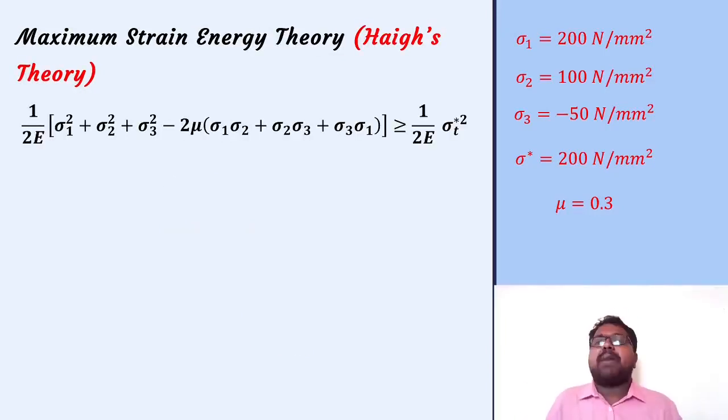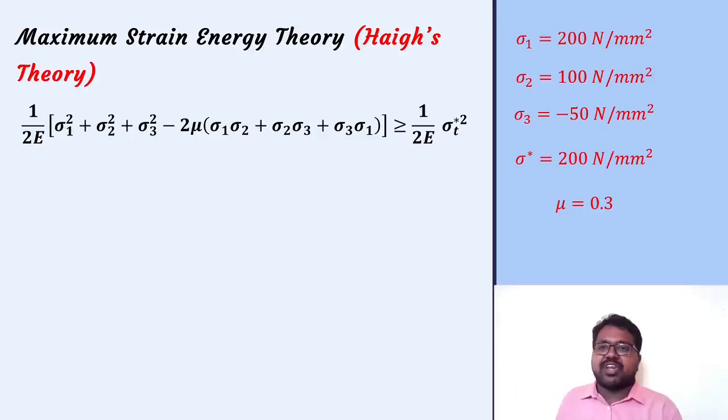The fourth one is the maximum strain energy theory, or Haigh's theory. According to this theory, if the total strain energy stored in a body per unit volume is greater than the strain energy stored in a body under simple tension at elastic limit, that is, if the strain energy at elastic limit under simple tension is less than the total strain energy stored in the body, then the member is going to fail.